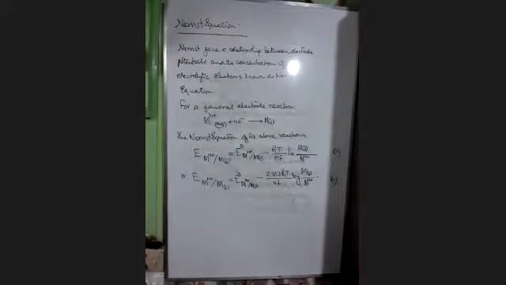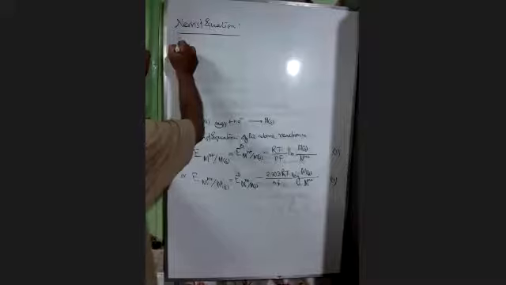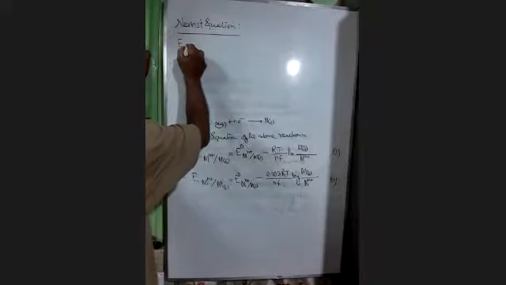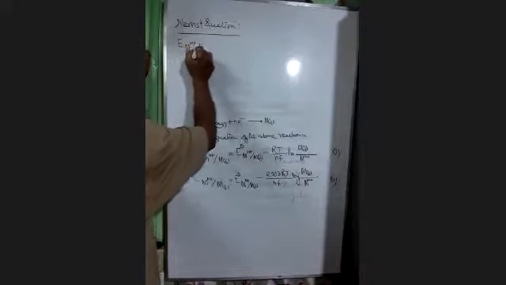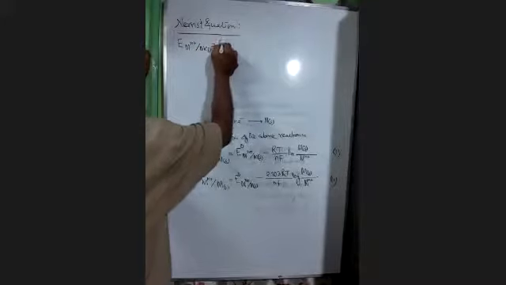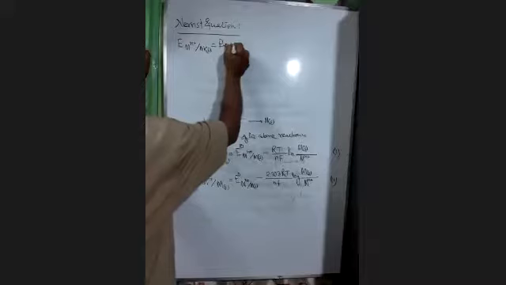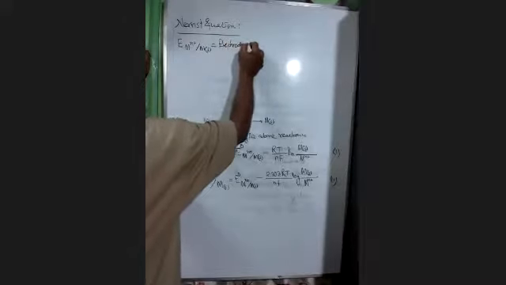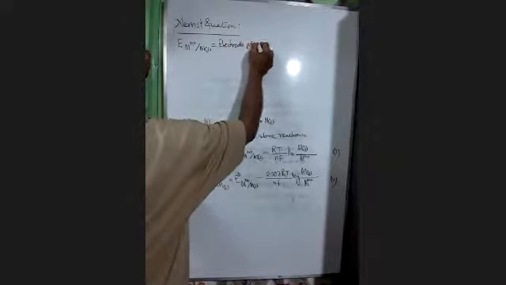So now let me write the meaning of all this. E of Mn plus by M is simply called electrode potential, because you can do it in any condition.